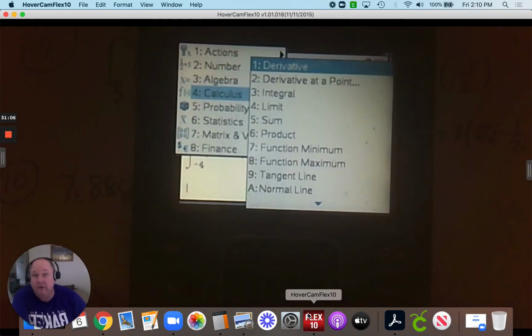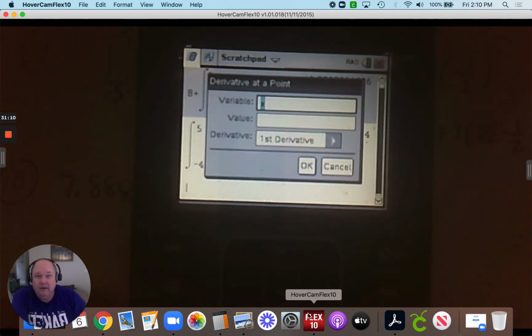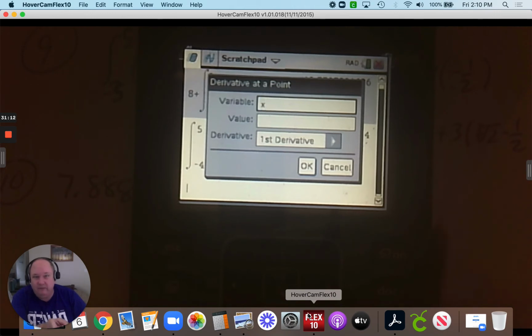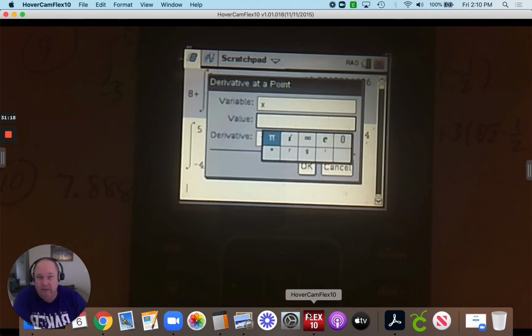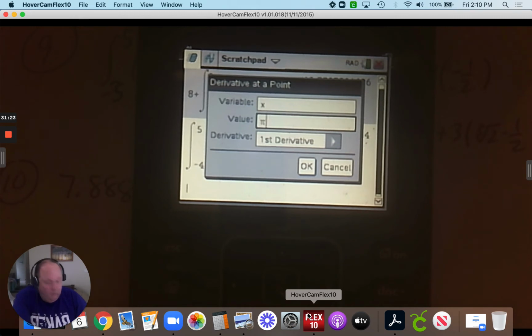This time we're doing the derivative. So the variable is x. What value is pi over 6? Pi is on the bottom left. So there's pi. And then control divide gives you a fraction, or there, pi over 6.